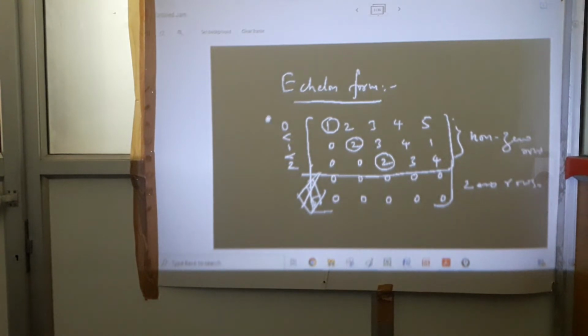So the rank of this matrix is just 3. Rank is equal to 3 because it has 3 non-zero rows. If a matrix appears in or is brought to echelon form, then the rank of that matrix is the number of non-zero rows. Clear up to here? Shall I proceed further? Okay.